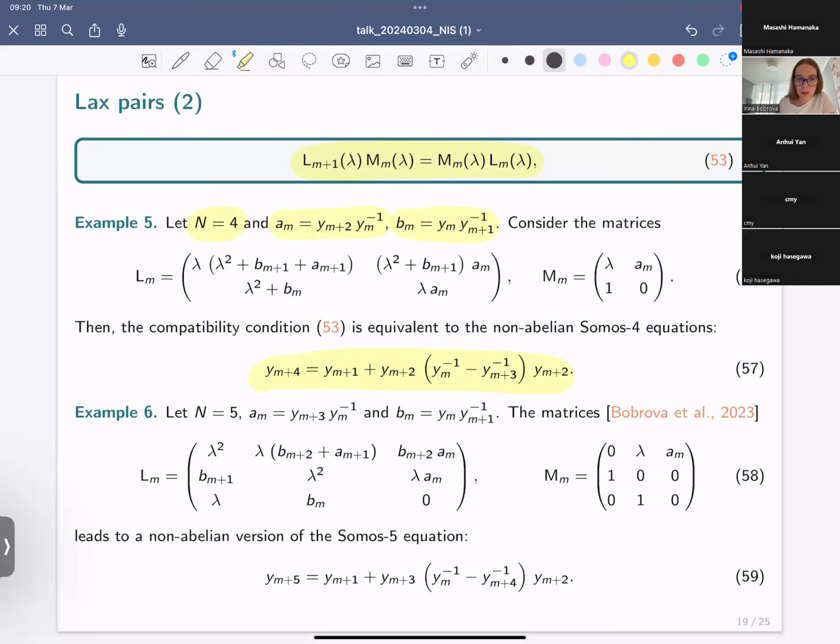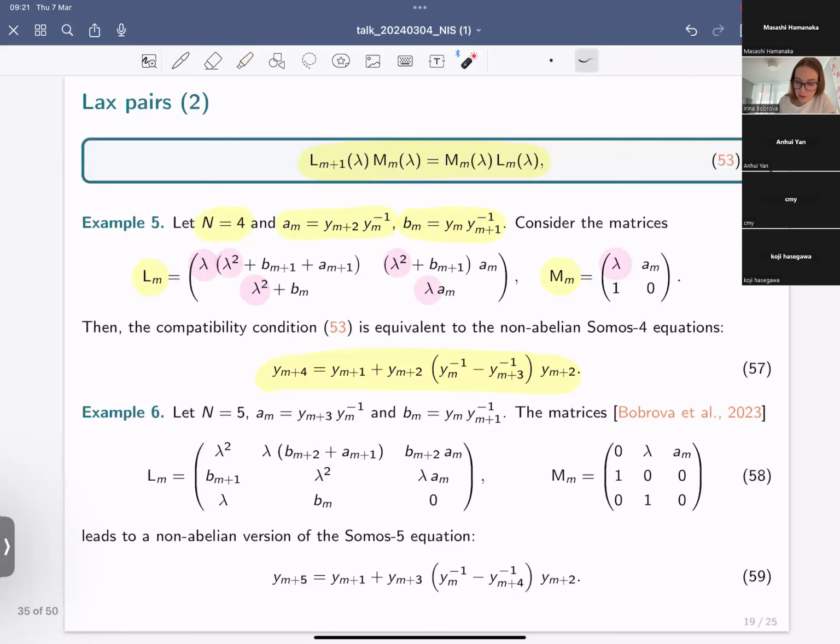And consider two matrices, L sub m and M sub m. These two matrices depend on the spectral parameter lambda. We can see it here, here, and here. And if we substitute these matrices into discrete Lax equation 53, then we immediately obtain that it's equivalent to our non-abelian analog of the Somos 4 equation. It's given by formula 57.